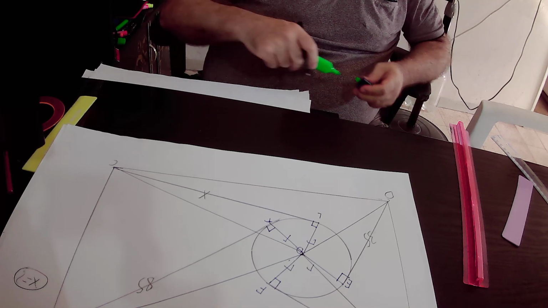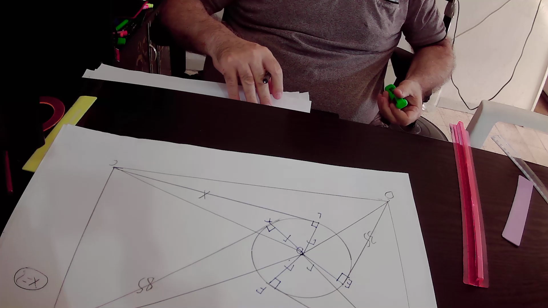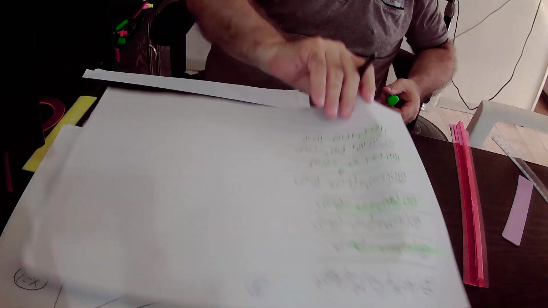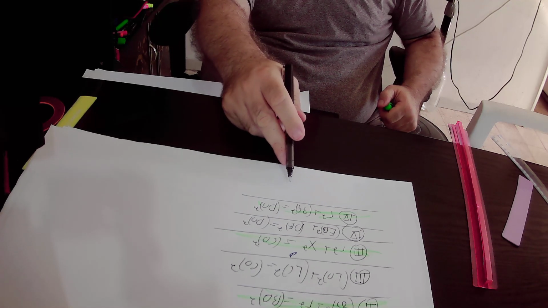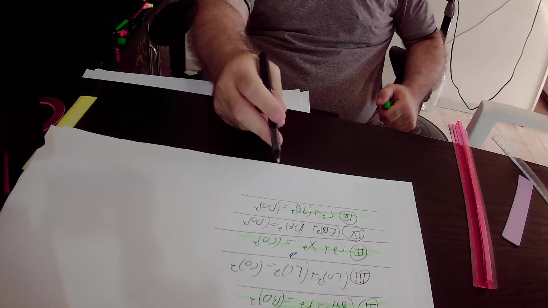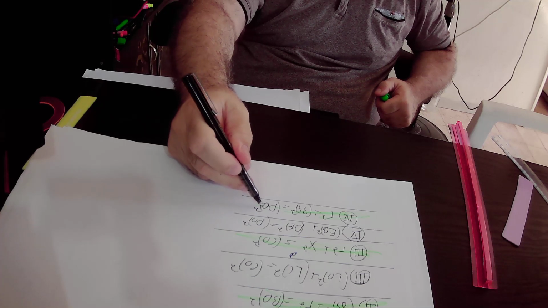In conclusion, we found out that according to equation number 4, R squared plus 35 squared equals DO squared.